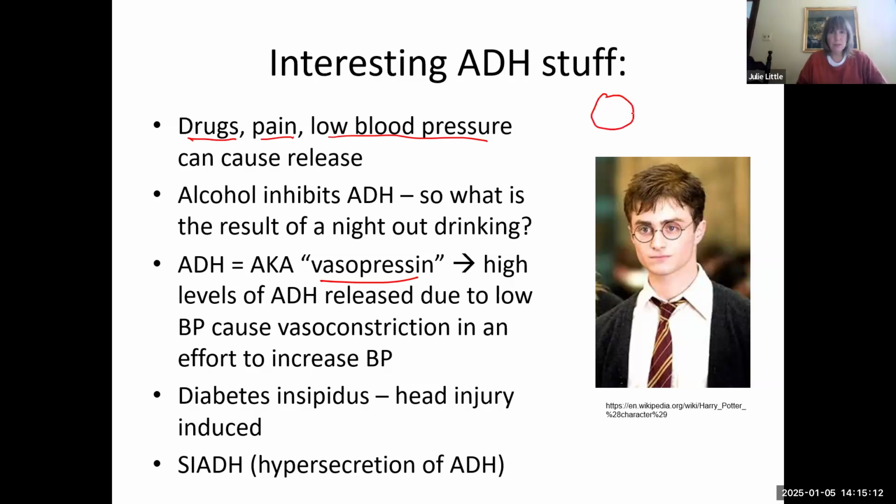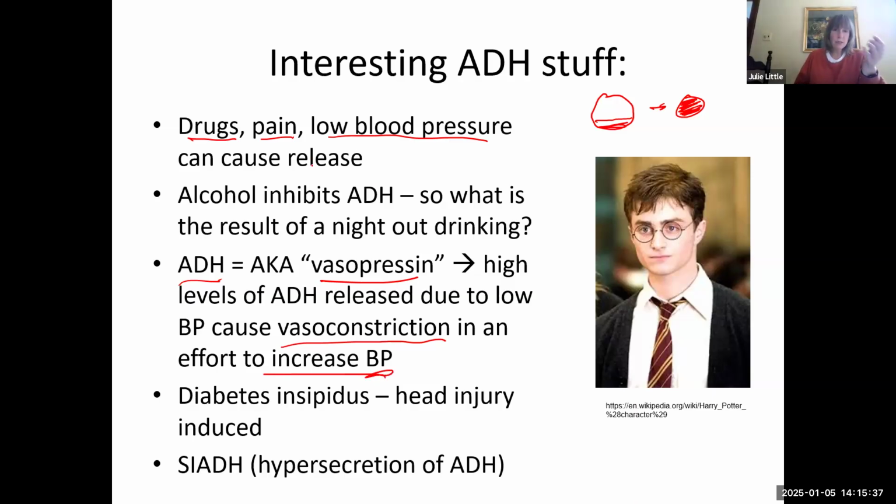If we have blood vessels that are like this, with this amount of blood in it, because you're hemorrhaging, they can constrict, and that amount of blood now looks like this amount of blood, and it automatically increases your blood pressure. So sometimes people don't call it ADH, they just call it vasopressin, because of that strong vasoconstrictive effect that it has to increase blood pressure.